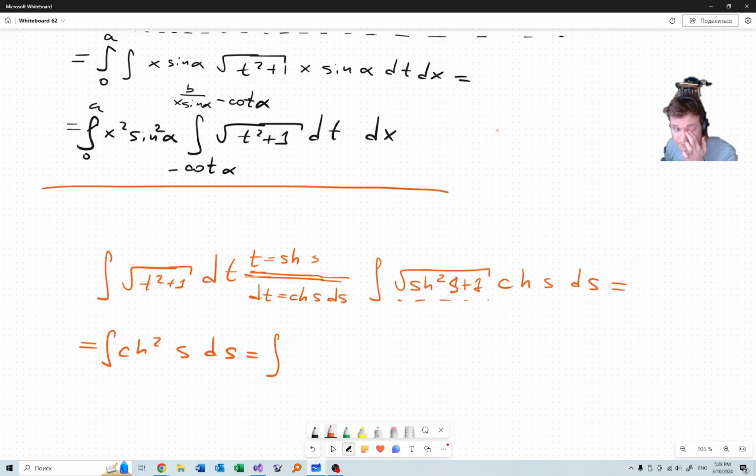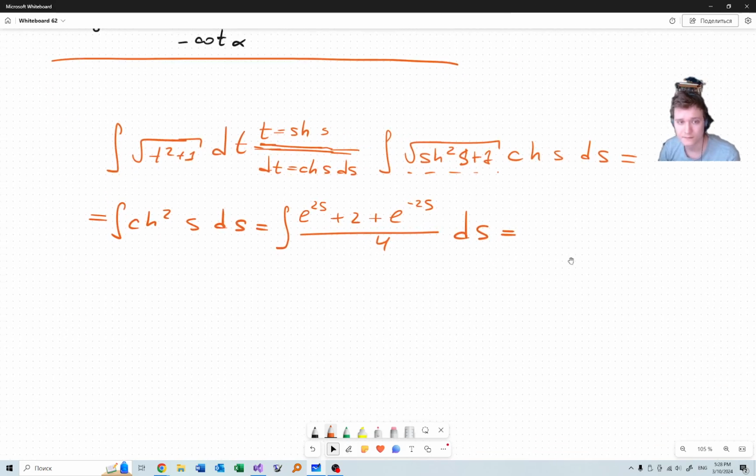So this is e to the 2s plus 2 plus e to the minus 2s over 4 ds, which is simply e to the 2s minus e to the minus 2s over 8 plus s over 2.